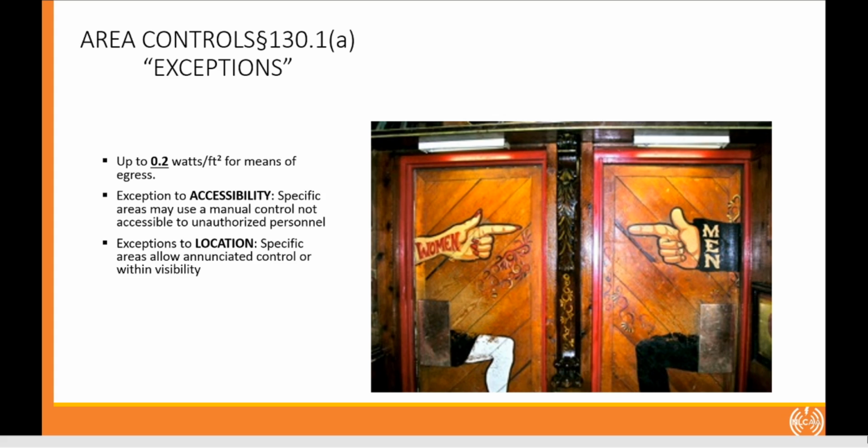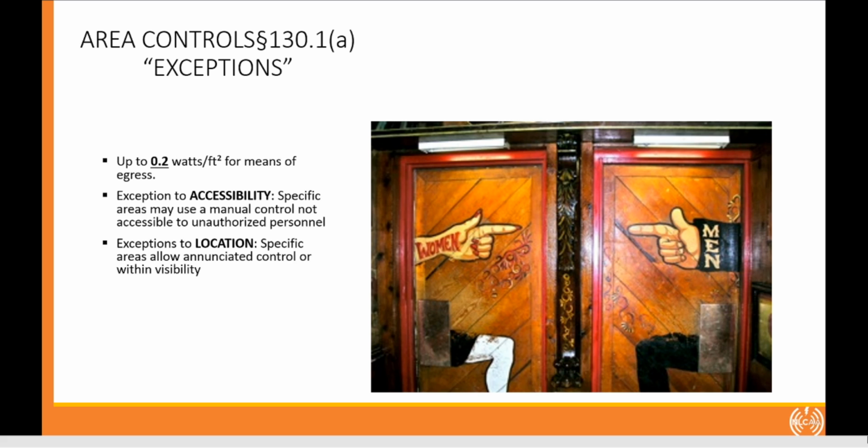So this first one: up to 0.2 watts per square foot for means of egress. You're allowed to keep the lights continuously illuminated for up to 0.2 watts per square foot in your area for path of egress, means of egress. But it's important that if we are taking this route, the area must be designated on the plans to show that it's designated for means of egress.